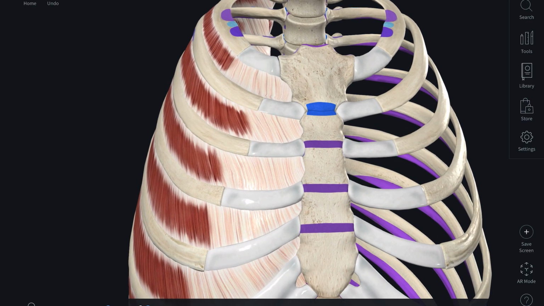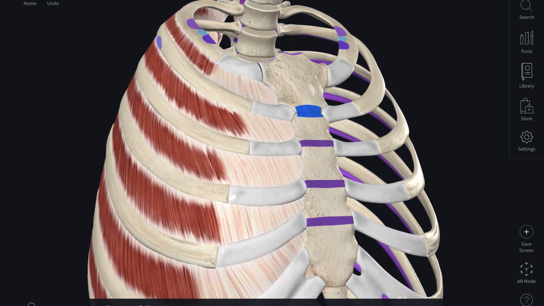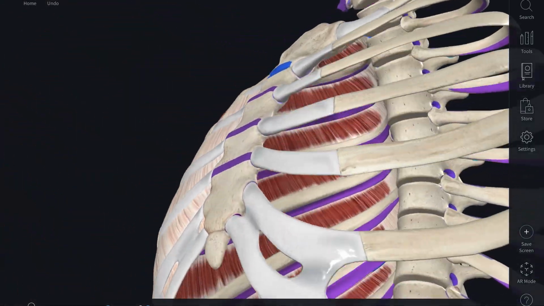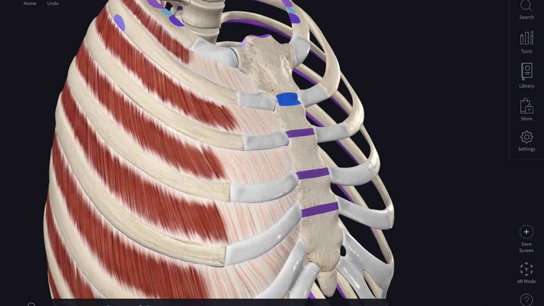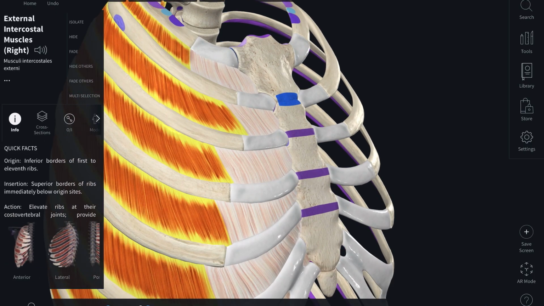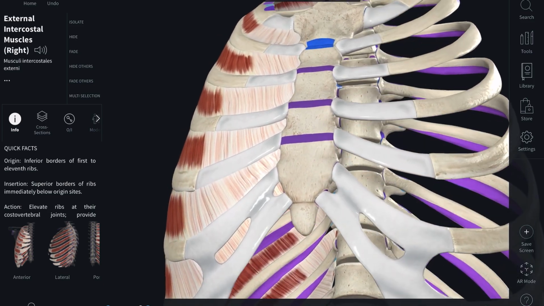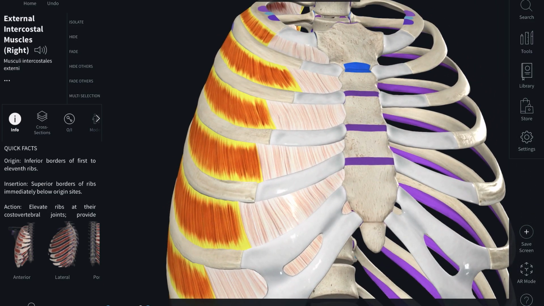So, just so we can get rid of them, let's start with the muscles. As you can see, you have muscles that sit in between the ribs, if you did not know that already. And there's two sets. You have the external intercostals, and then you have internal intercostal muscles.